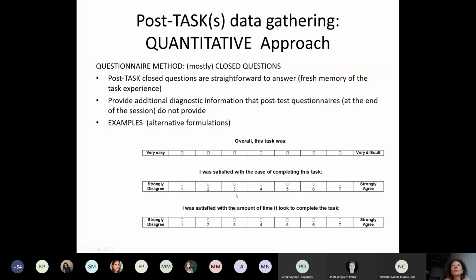So in these two cases, my impression, okay, when will you use this kind of method? When you think that people have a kind of engineering mentality. So they say, okay, for me, ease of use is clear. I have a clear idea if it was easy or not.